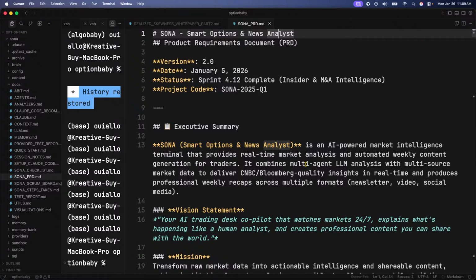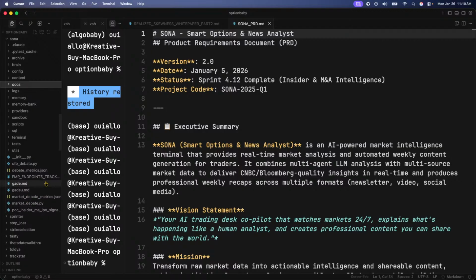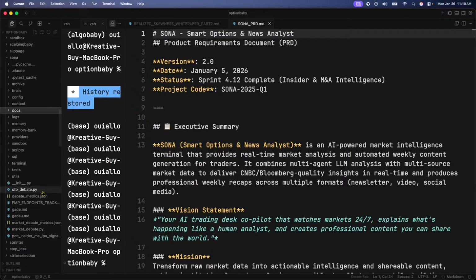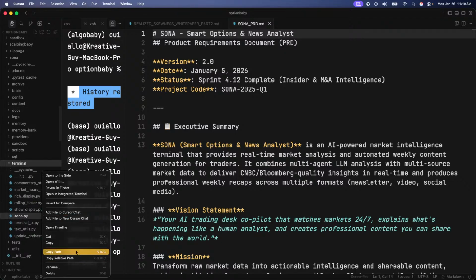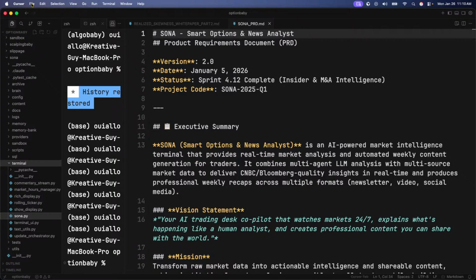I mean, they both trade options, right? No, Sona doesn't trade. Sona is just an information provider. All Sona does is give me information. Sona does not trade options at all. If I can show you just a little bit of how it works, again, it's not all the way done yet because there are a lot of things that I need to.